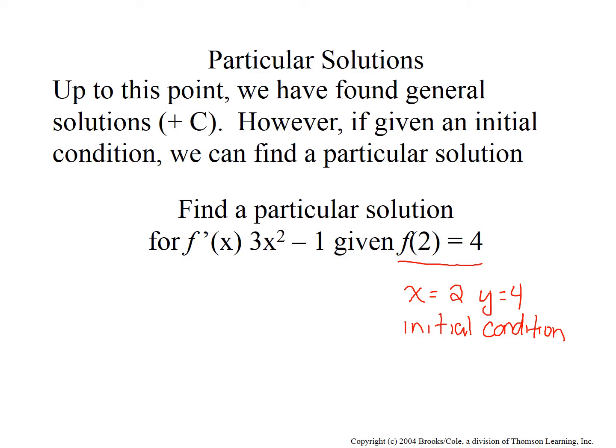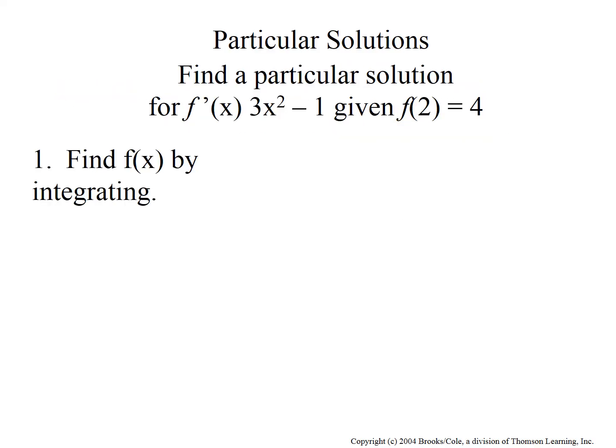Okay? And so the first thing we want to do is integrate. So using the skills that we've just learned, we integrate this, and we get x cubed minus x plus c. Remember your C's. It's very important. So now we're going to use the initial condition. The initial condition said that when x was 2, y was 4.